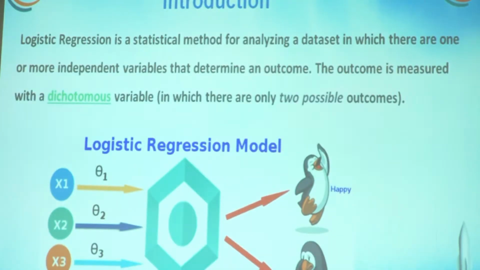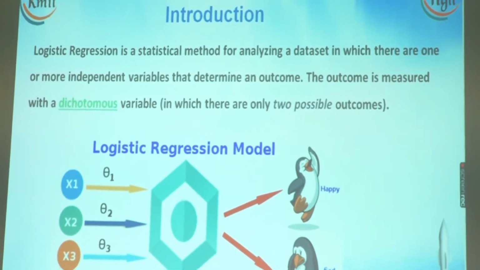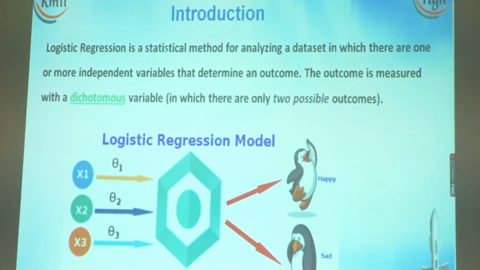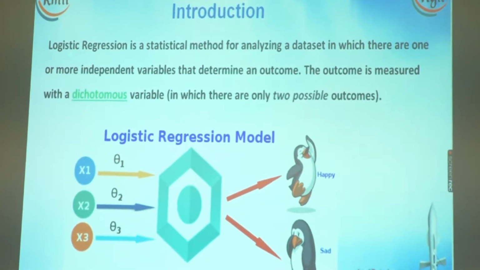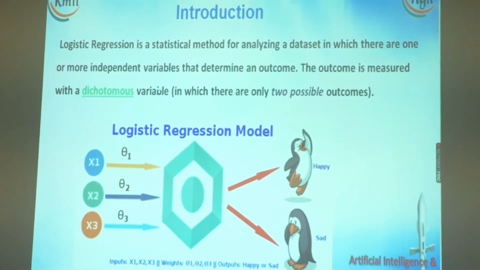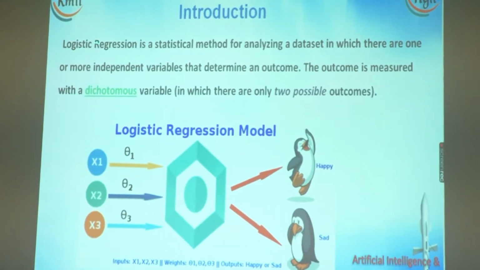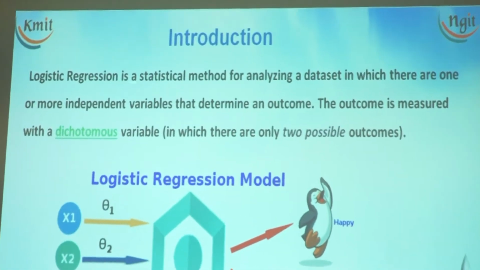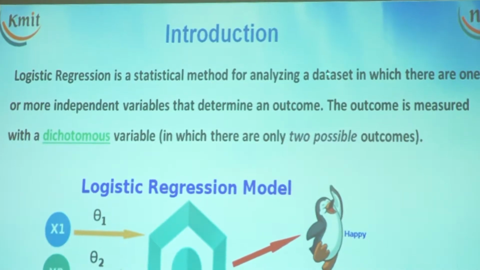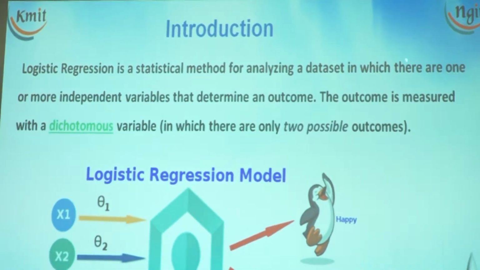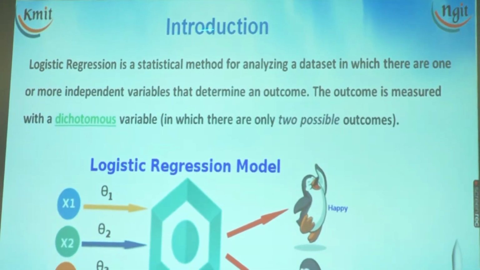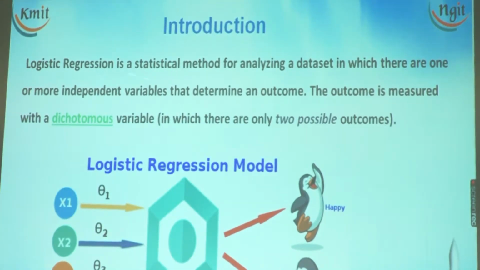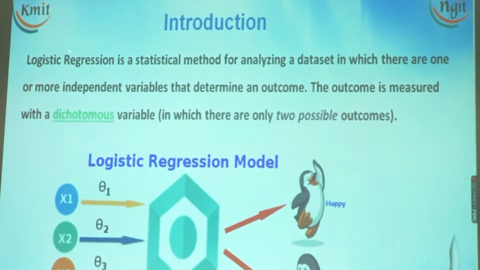Next, coming to logistic regression. See there, I am not mostly concentrating on the definition. What is logistic regression? Logistic regression is a statistical method for analyzing a data set in which there are one or more independent variables to determine the outcome.